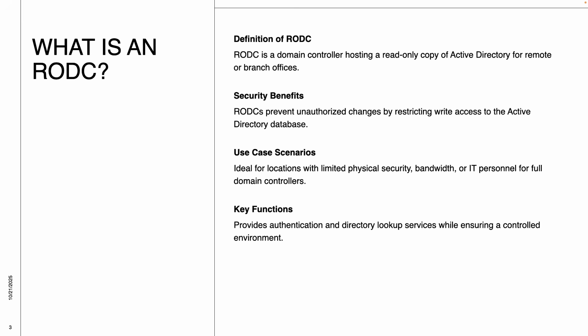RODCs are particularly useful in scenarios where the deployment of a full domain controller is impractical due to bandwidth constraints or, as I mentioned, a lack of IT personnel. They provide essential services such as authentication and directory lookup while maintaining a secure and controlled environment.